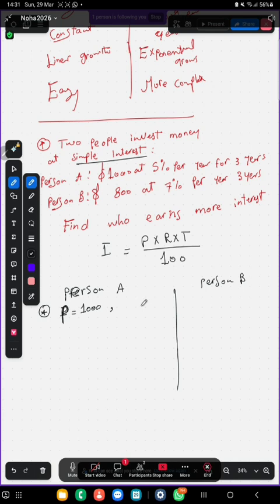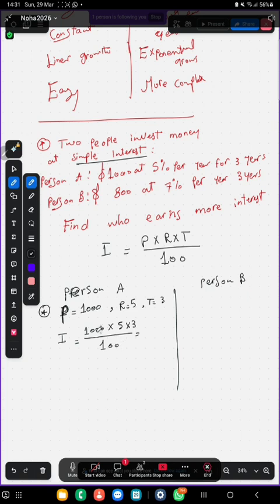My R is 5 and my T is 3. Let's substitute. My I equals 1,000 times 5 times 3 over 100.